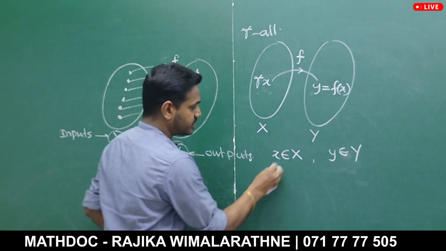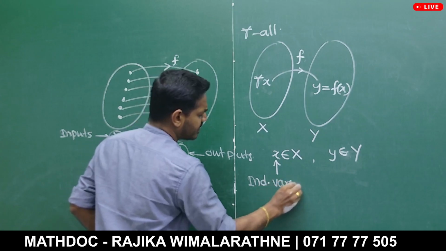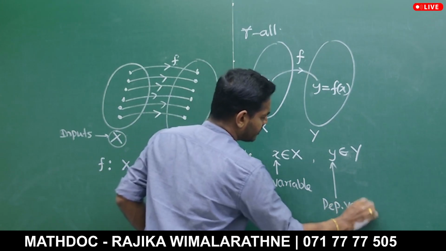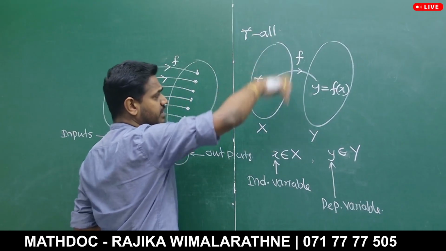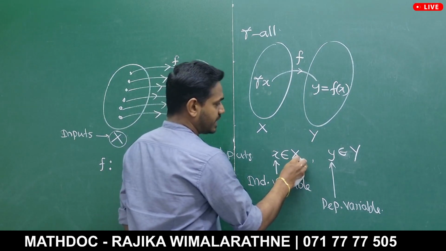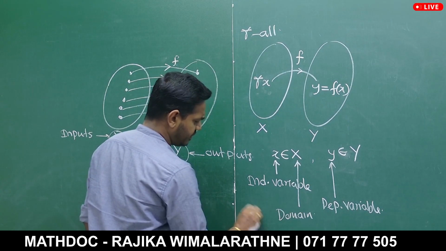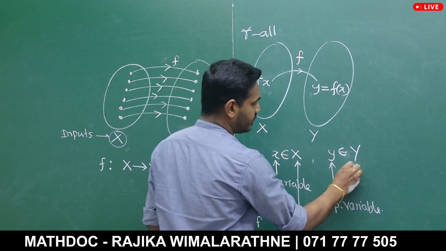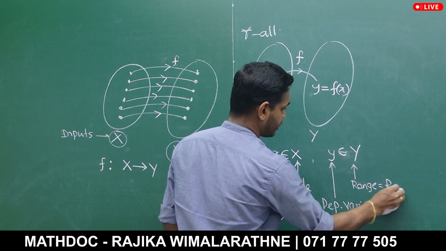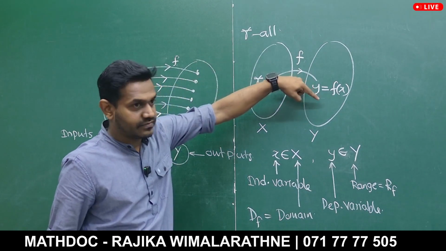We call x the independent variable and y the dependent variable. x represents each and every element in capital X, and y represents each and every element in capital Y. X we specially call the domain, denoted Df, and Y we call the range, denoted Rf. There is no extra value here without a connection with y.